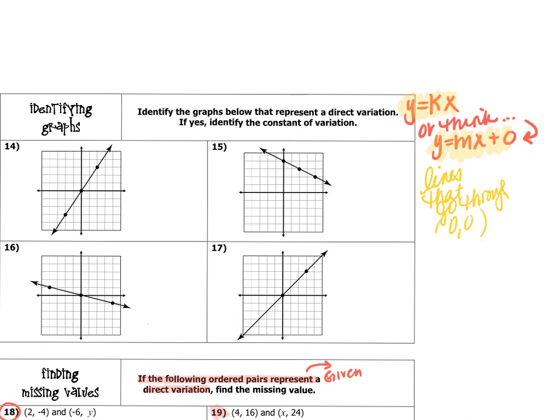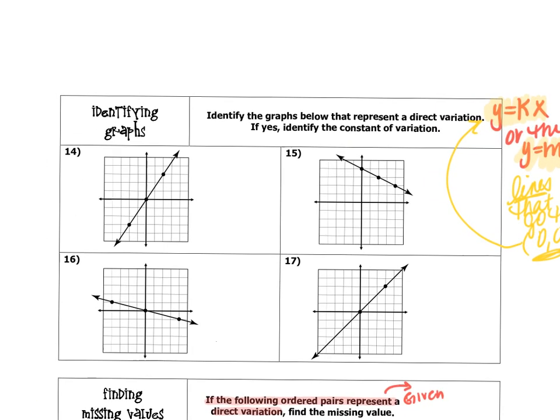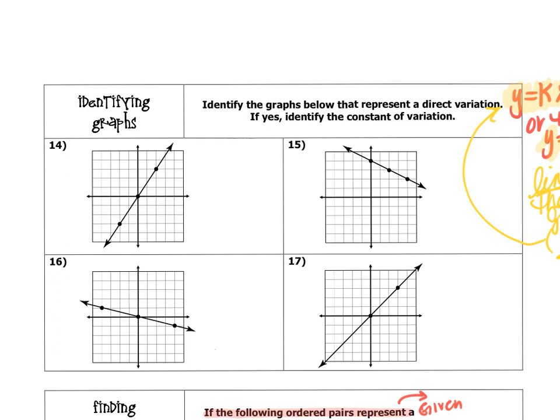Direct variation equations are linear, and they go through (0, 0). So if you're looking at 14, 15, 16, and 17, you want to look at (0, 0), and you will see that you have three lines that follow a direct variation equation. That is 14, 16, and 17.